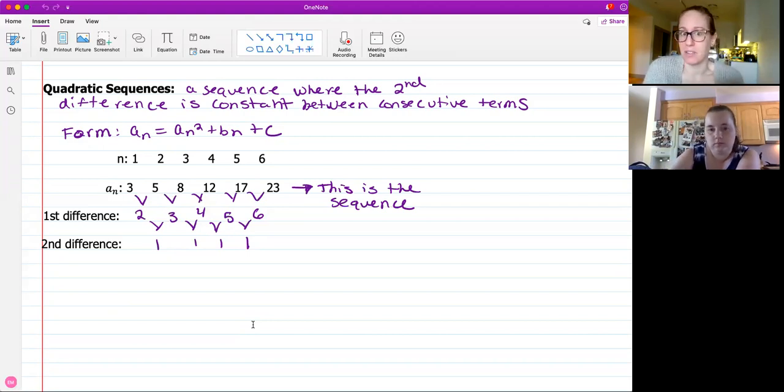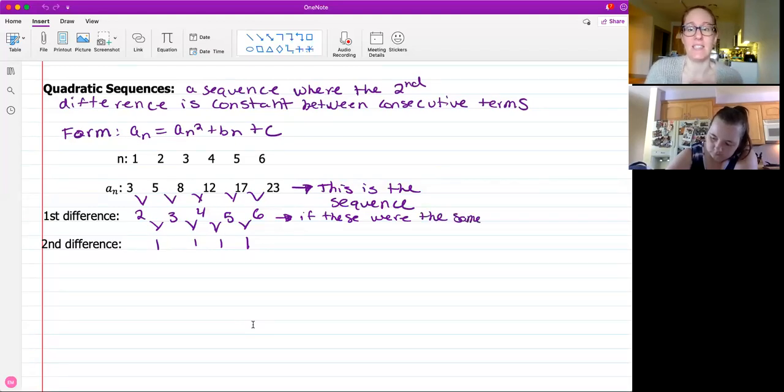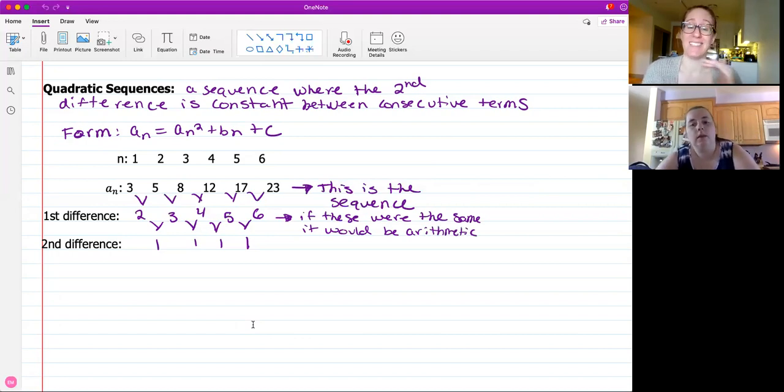But they're not the same number, so it's not arithmetic. If you go to that second difference, you see that the difference between first differences is the same number. That is the indication that this is a quadratic sequence. Only quadratic sequences will have that pattern, where not the first difference, but the second difference will be the same number every time.